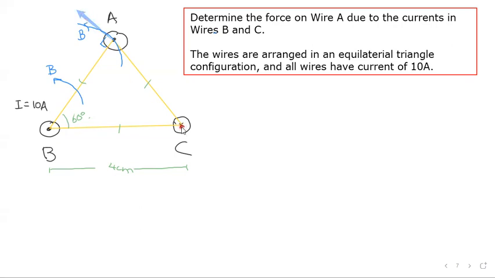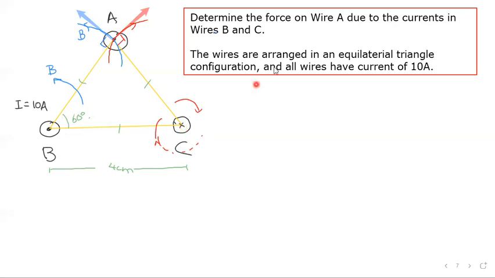Now, C is going to be very similar, of course. C is going into the page, which means that the magnetic field lines going around C, I'll use red to show this one, will be going in this direction because it's going into the page. So very similarly it's going to create a magnetic field in a particular direction at A, again perpendicular to this line here.